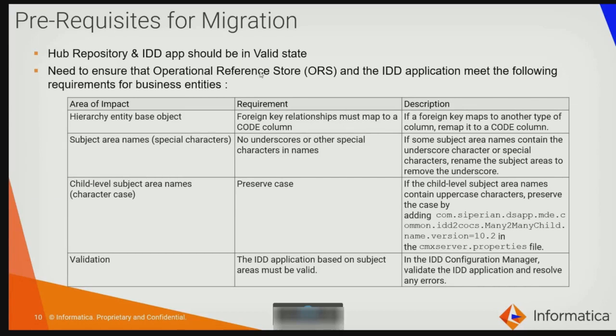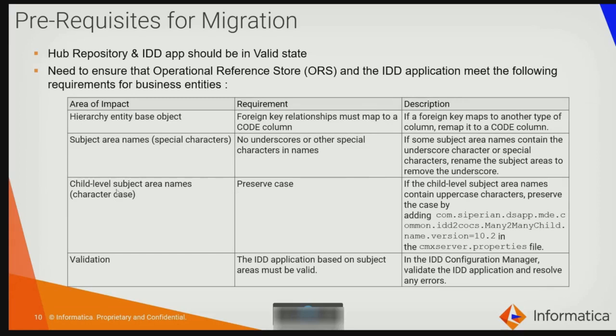We need to ensure ORS and the IDD application meet the following requirements. Hierarchy. On hierarchy part, foreign key relationship must be mapped to code column. So if mapping is done to some other column, we need to remap to code columns. Subject area name. If you have any subject area name with a special character, especially the underscore, it has to be renamed and the underscore has to be removed.